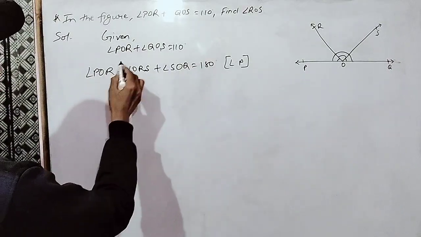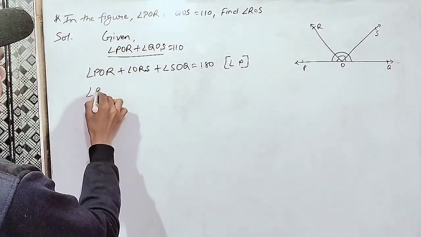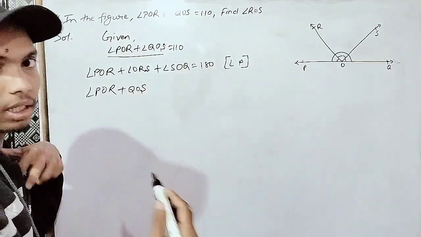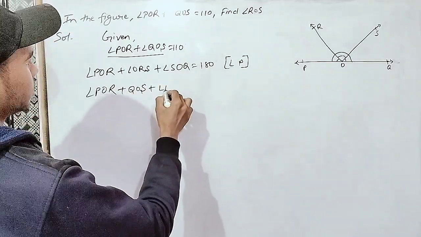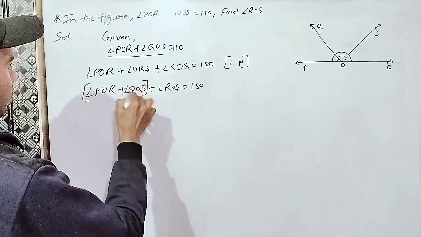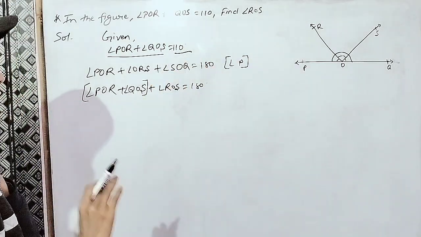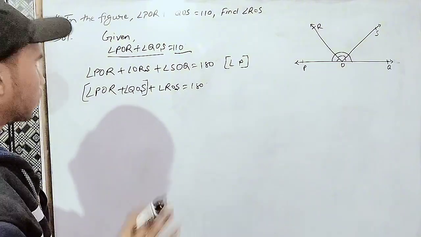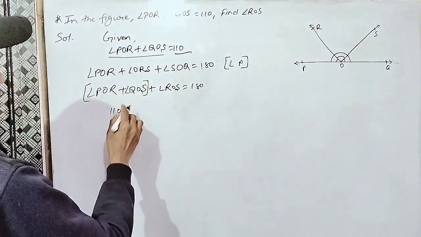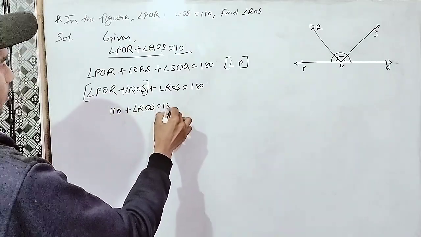Here we can write angle POR and then QOS, then ROS. So the value of these two angles is how much? 110 degrees. We will put the value of these two angles, 110 degrees.